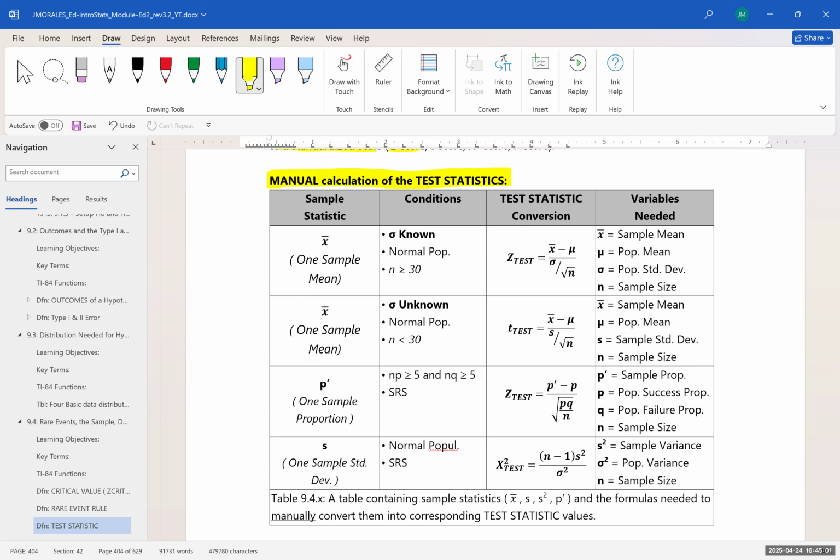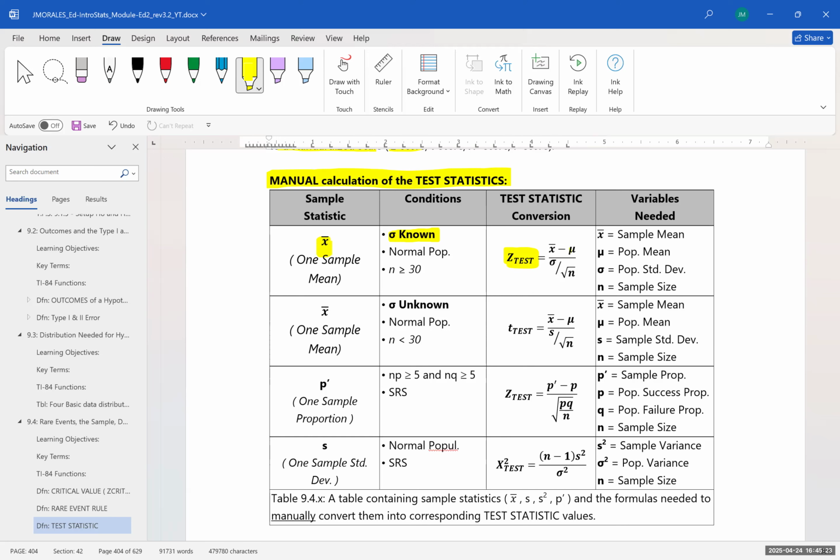All right, so if your sample statistic was a single sample mean and the population standard deviation was known, then you would calculate a z-score, a z-test statistic, using this formula on the right.